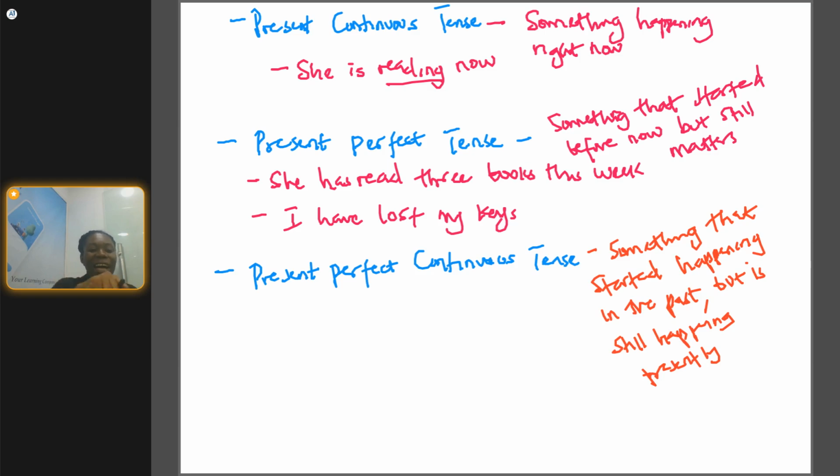So you started an action of pouring water into that glass, and you are still doing it even though you started like maybe 1 minute ago, which is in the past according to grammar. But because it started in the past, it has not ended. It still extends into the present. So this is when you say present perfect continuous tense.